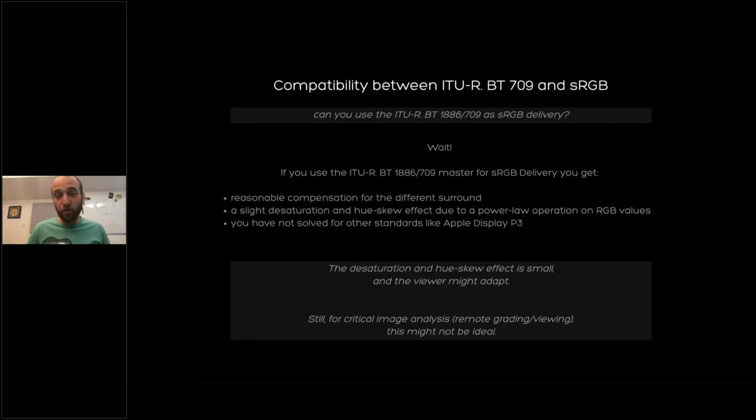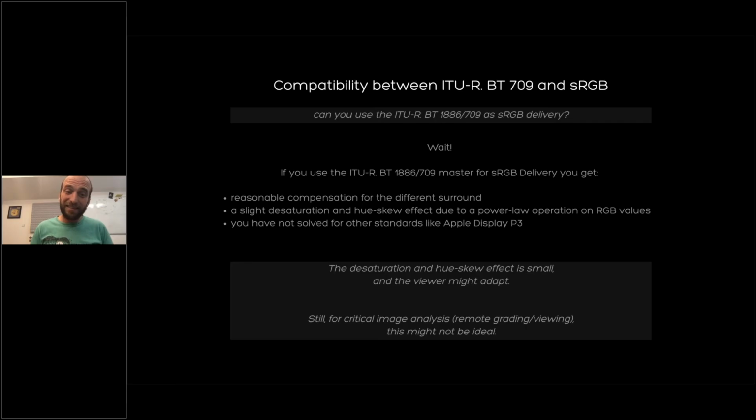Okay, so you can use the BT1886 709 master as an sRGB delivery. That's fine. But there are some subtleties again. If you use the 709 master for your sRGB delivery, you need to be aware that you're getting three things. You're getting a reasonable compensation for the different surround, bright surround and dim surround. Fair, yes.